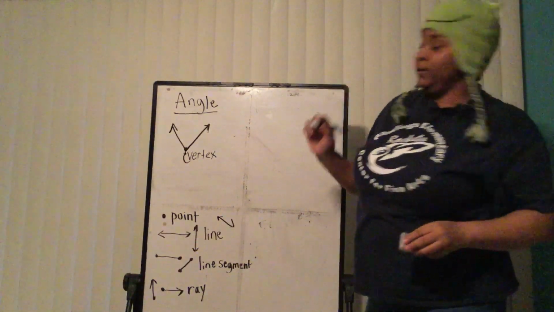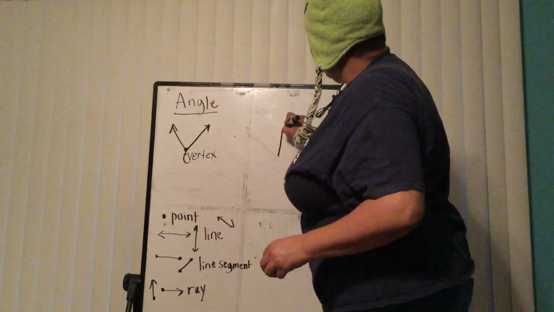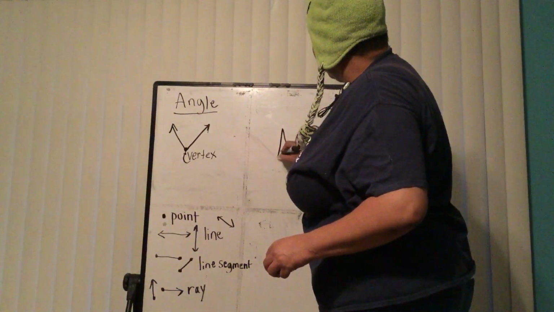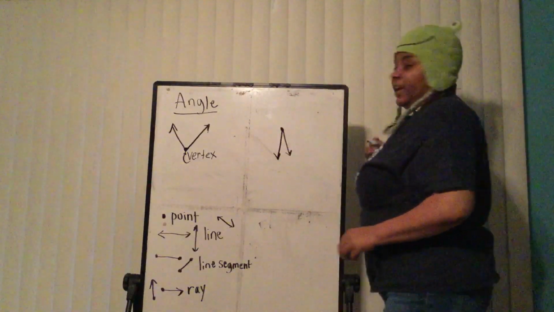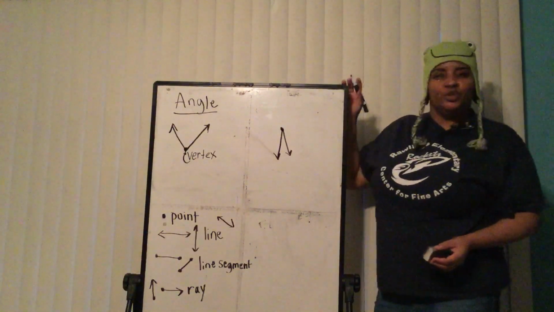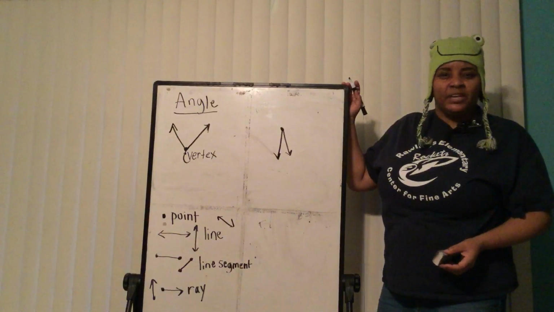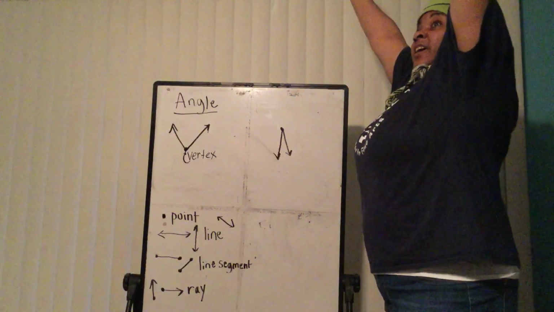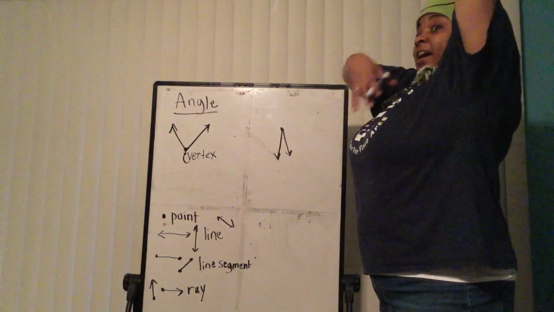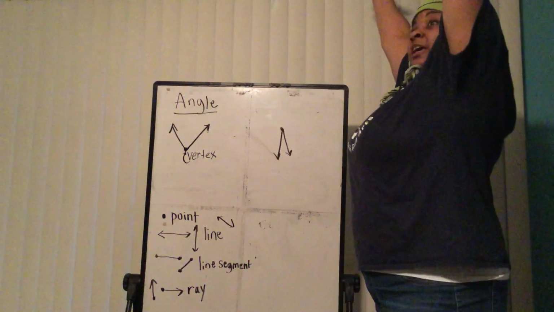Let's try another one. Look at me. What did I put together? Two what? Rays. I put together two rays. When you put together two rays, it forms an angle. My common endpoint and my ray.